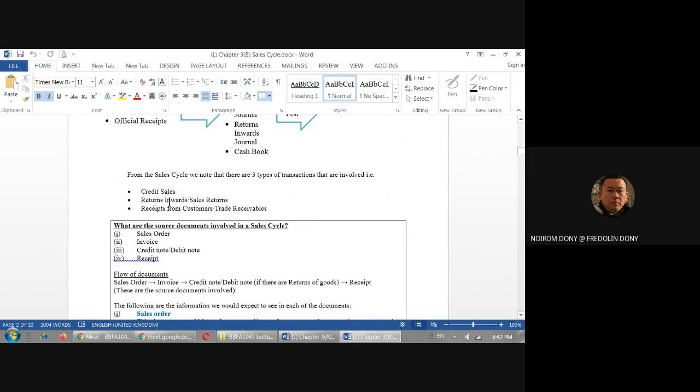For return inward or sales return, we are sending credit notes, so the prime entry will be the return inward journal. When receiving payment made by the customer, the prime entry will be the cash book.